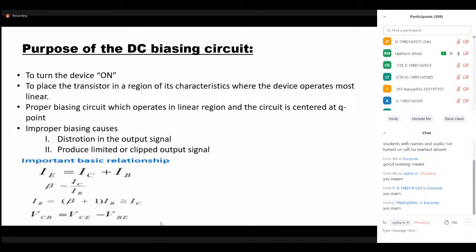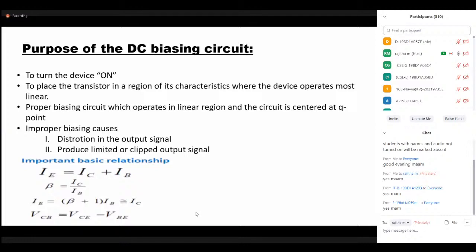Right. So now, in order to describe that, we require the basic important relationships of your transistor. As we already know, the amount of current emitted from the emitter region is the sum of the collector current as well as the base current. And the amplification factor is the ratio of output current to input current.